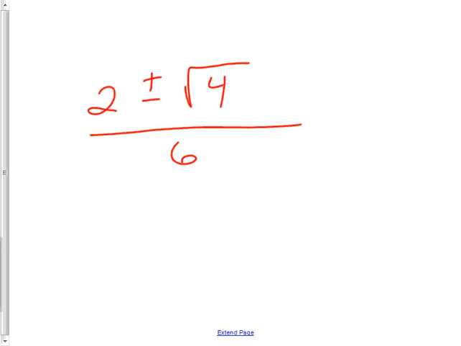Mr. P, tell me, what should I do? Give me some stuff I can do. Sure. Simplify it for me. What is the square root of 4?